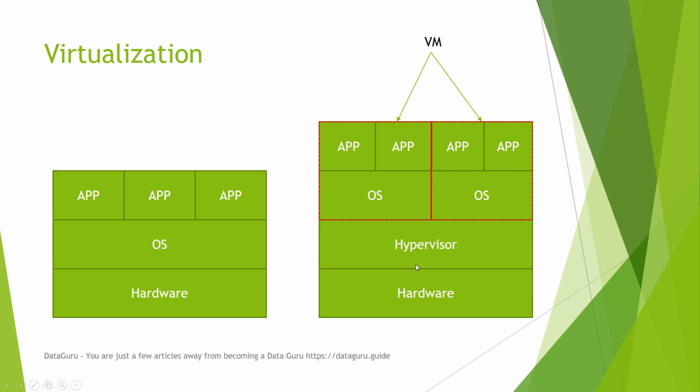So hypervisor is a buffer between the physical hardware, the physical metal server, and guest operating systems. The operating system installed inside a virtual machine is called a guest operating system. So hypervisor is a buffer or bridge between the host operating system and hardware available and the guest operating system.